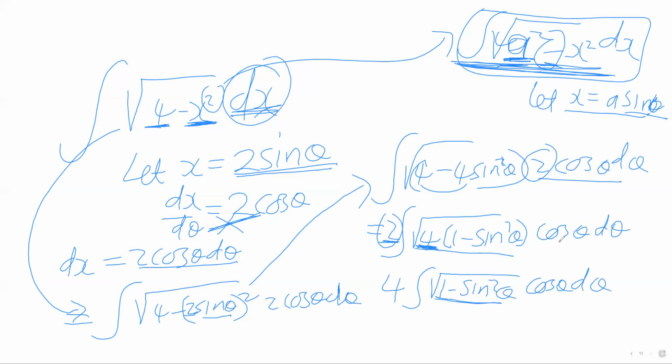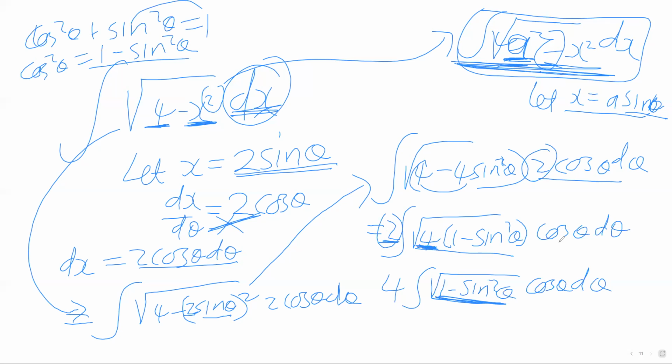Now look, this is a trig identity that you know. Cos squared theta plus sine squared theta is equal to 1. What happens if I take sine squared to the other side? Cos squared theta is equal to 1 minus sine squared theta.